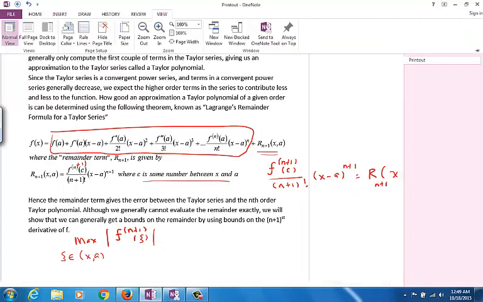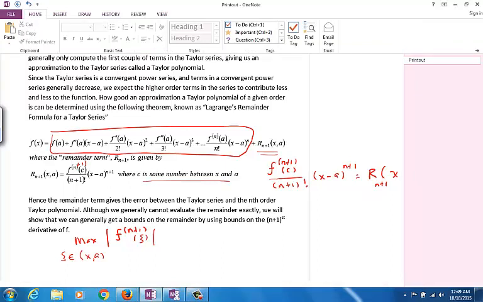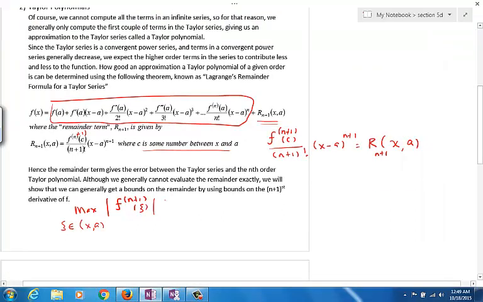In other words, I can find the maximum that the error can be. Let's call this M. Then this implies that the error, the remainder term, always has to be less than or equal to the following.